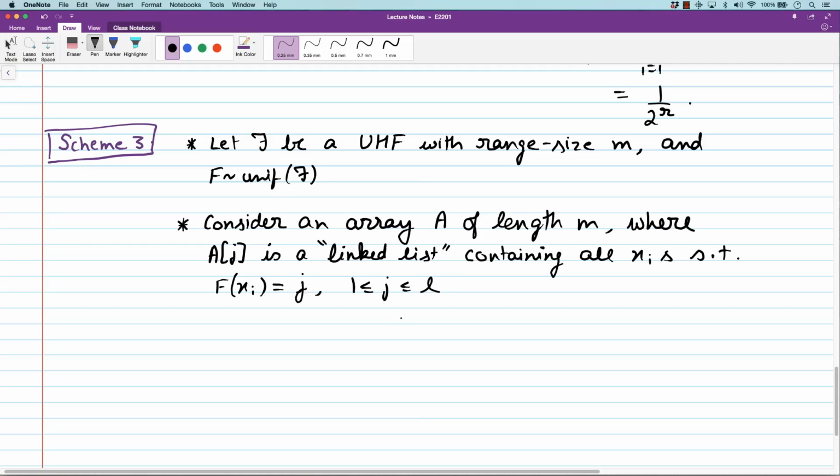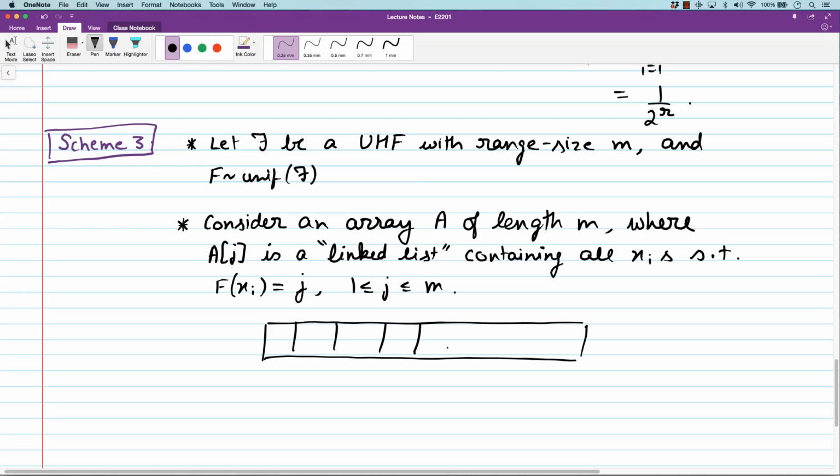So what does it mean? It means that we have this list here with m elements. This is my A with 1, 2, 3, 4, up to m entries.